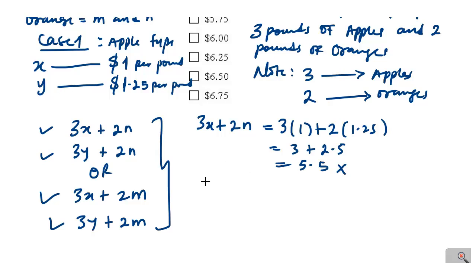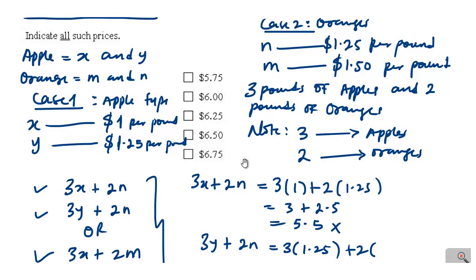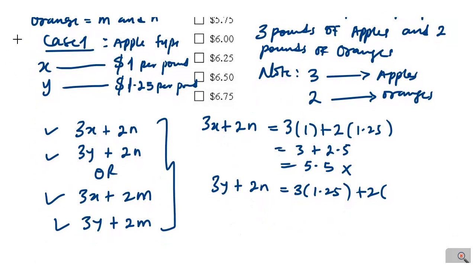3y plus 2n. So we have 3 times y, that is 1.25, plus 2 times n, and n is 1.25.